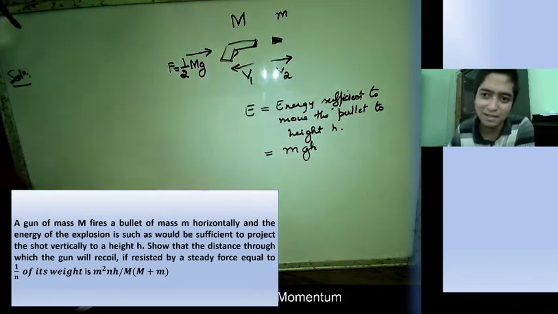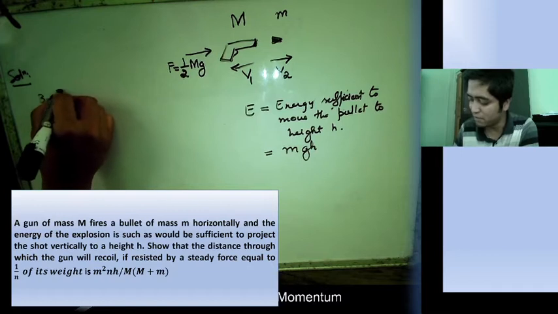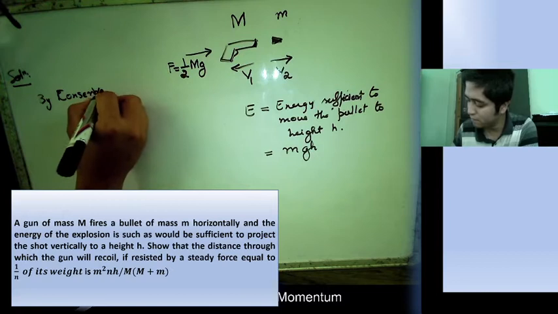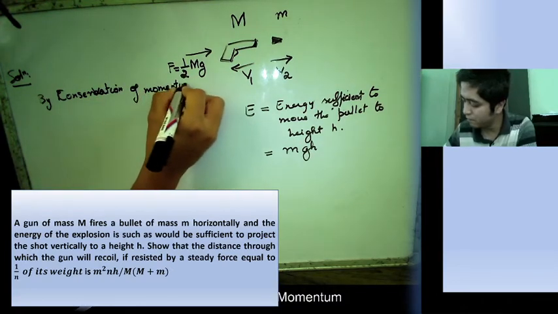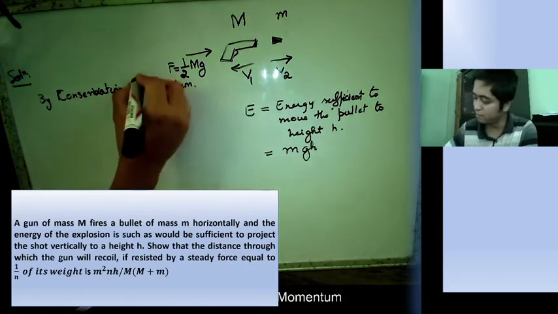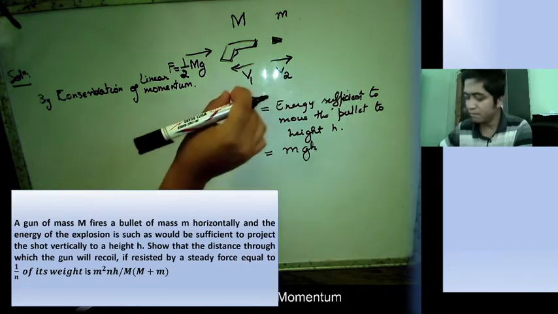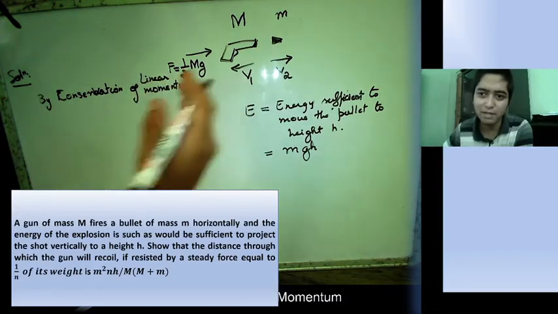So by conservation of linear momentum, the total momentum before the shot is equal to the total momentum after.